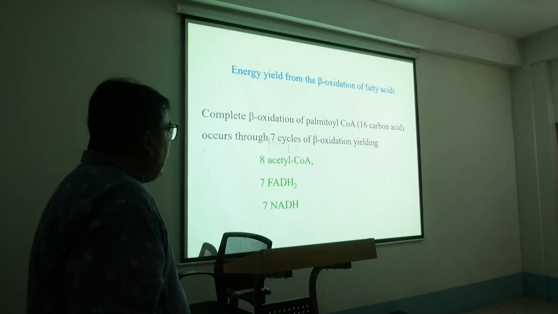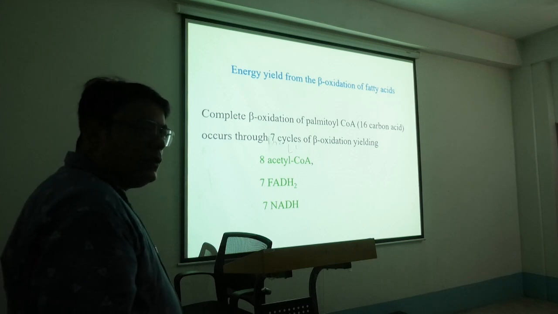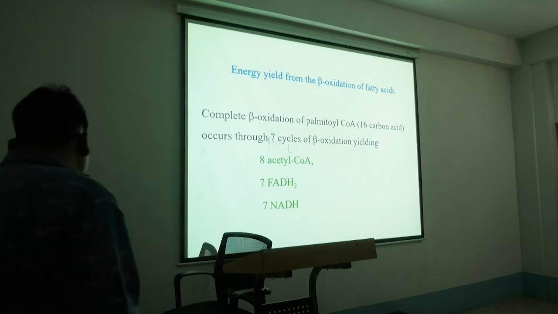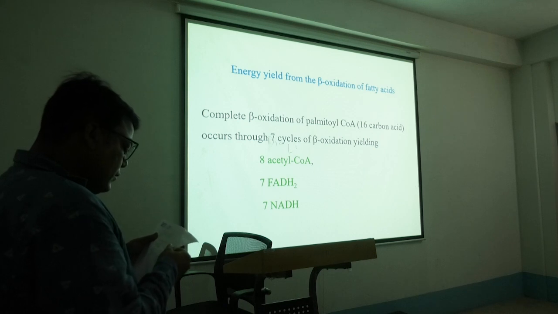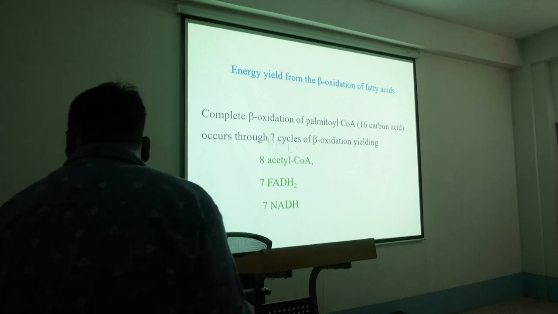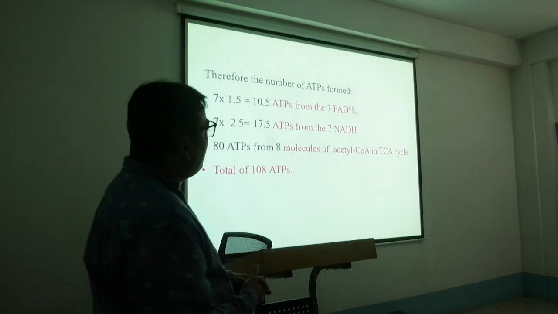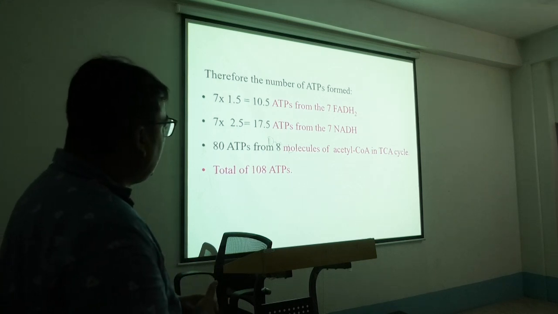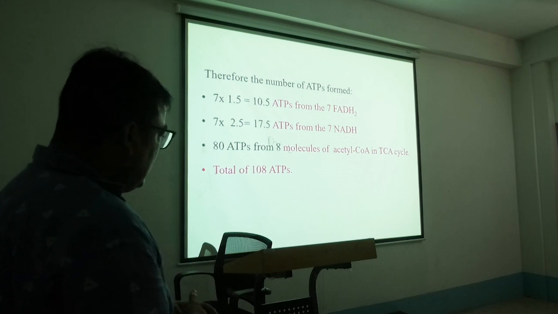How? You make your own calculation. This is the calculation: 1.5 ATP from each FADH2, 2.5 from each NADH, and 80 ATP from 8 molecules of acetyl CoA.